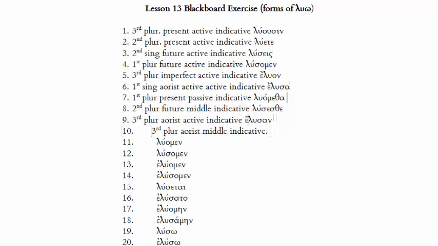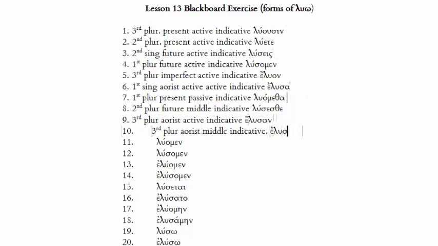Now, the third plural aorist middle indicative. What would that be? Well, again, let's start out with our generic third principal part there. Instead of having the active endings, we're going to slap the middle endings on. So elusamen would be the first singular. Then eluso for the second singular aorist middle.